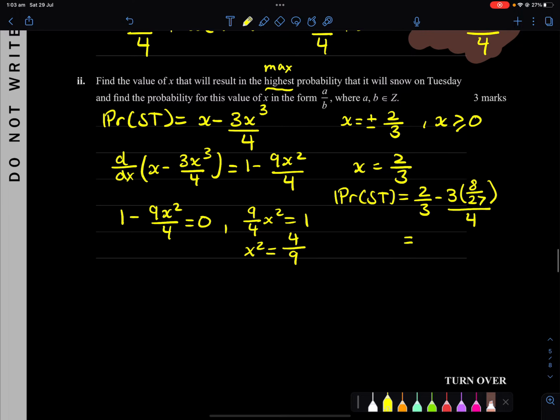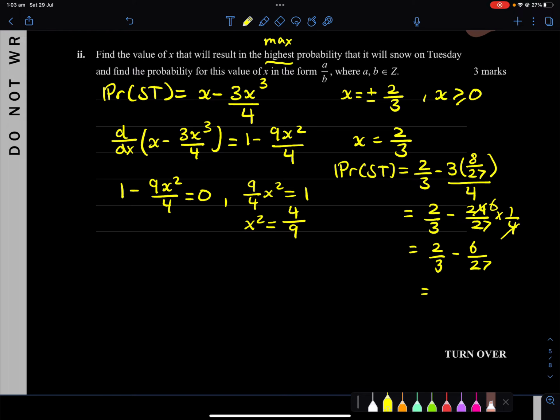Now that simplifies to 2 over 3 minus 24 over 27 divided by 4, so times 1 over 4, and that cancels out to be 6. So this is 2 over 3 minus 6 over 27.